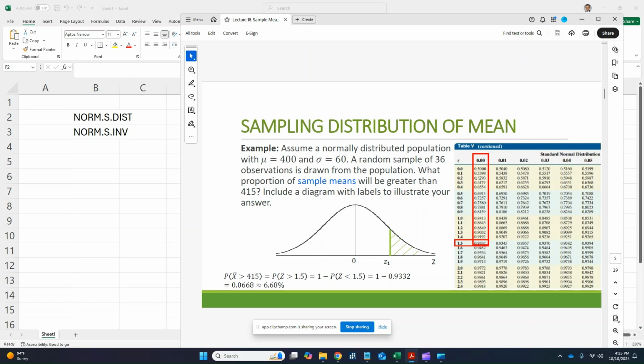And if you look at this standard normal distribution table, you see 1.5 gives us the probability 0.9332. Since it's 1.50, the second decimal point is shown on the column, and up to the first decimal point is shown on the row.